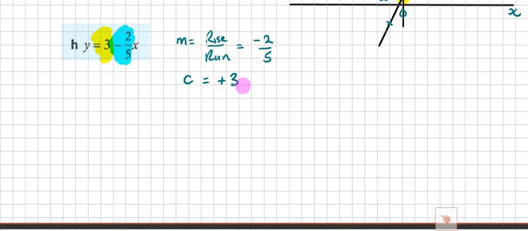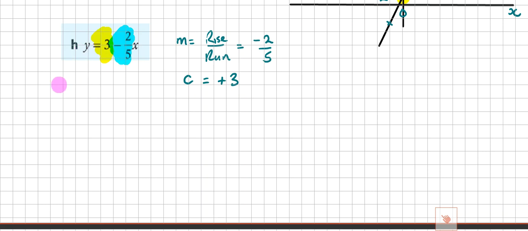You will see this regularly. The reason why it's written this way around is a convention for algebra, which is you try and keep things tidy. If there's a negative and a positive, you put the negative afterwards. So you write it as a subtraction rather than as a negative.